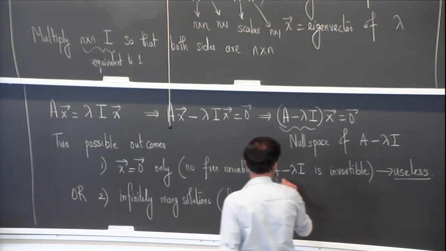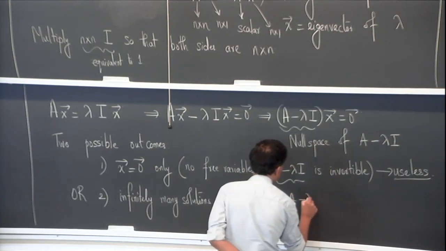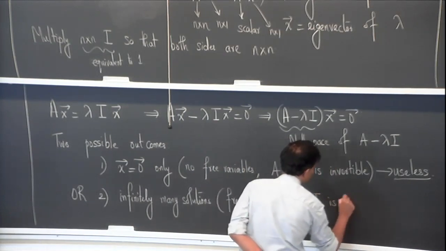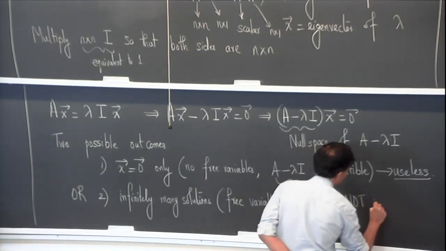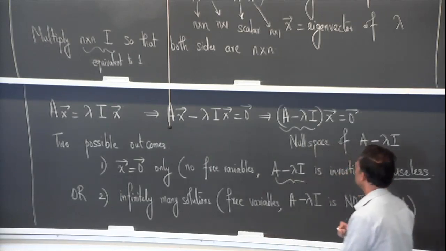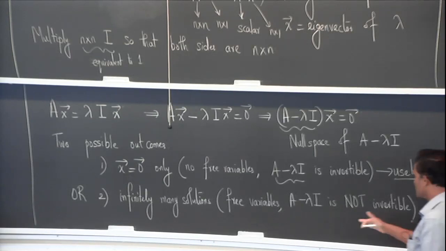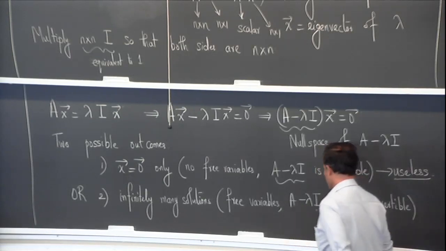In other words, this matrix is not invertible. And from the invertible matrix theorem, you know what that means. When you say that the matrix is not invertible, that means the determinant of this matrix should be equal to 0.